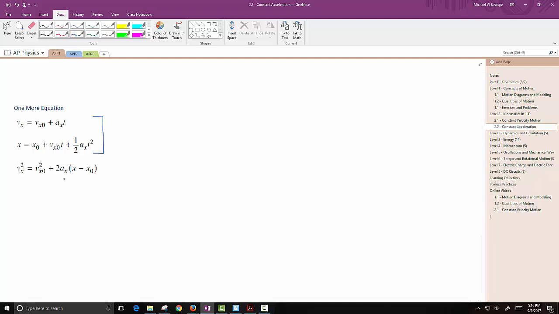I gave you a few questions. I believe that they're mostly graphs. So just to remind you, what we have is the position over time, velocity over time, and acceleration over time.